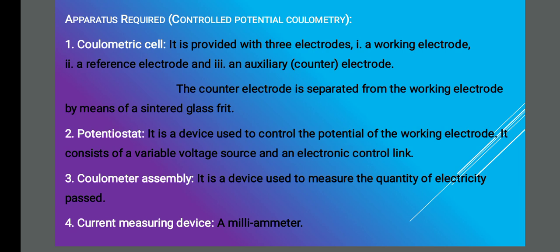Second one is the potentiostat, a device to control the potential of the working electrode, consisting of a variable voltage source as well as an electronic control link. Third, a coulometer assembly, which is a device used to measure the quantity of electricity passed through the device. And fourth is a current measuring device, which is nothing but a milliammeter.